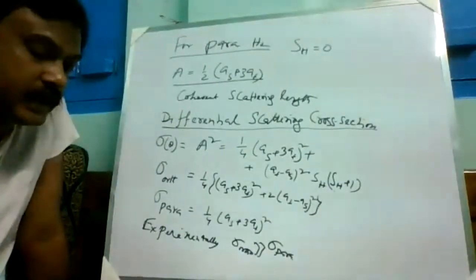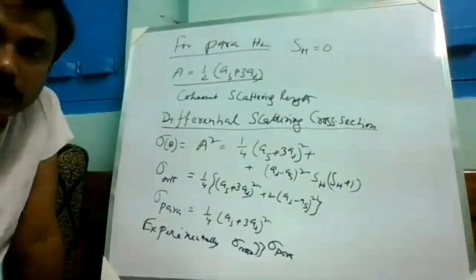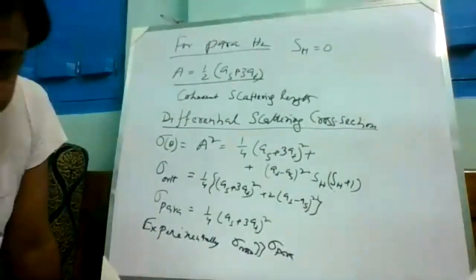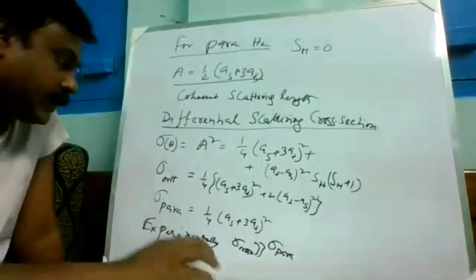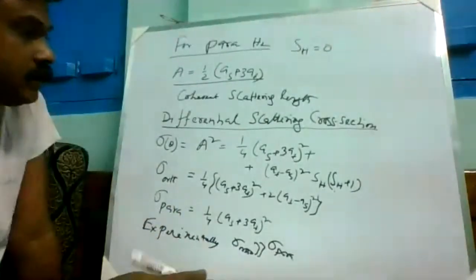Now let us calculate the ratio so that we can compare their strength of scattering amplitude, scattering cross section for sigma ortho and para.